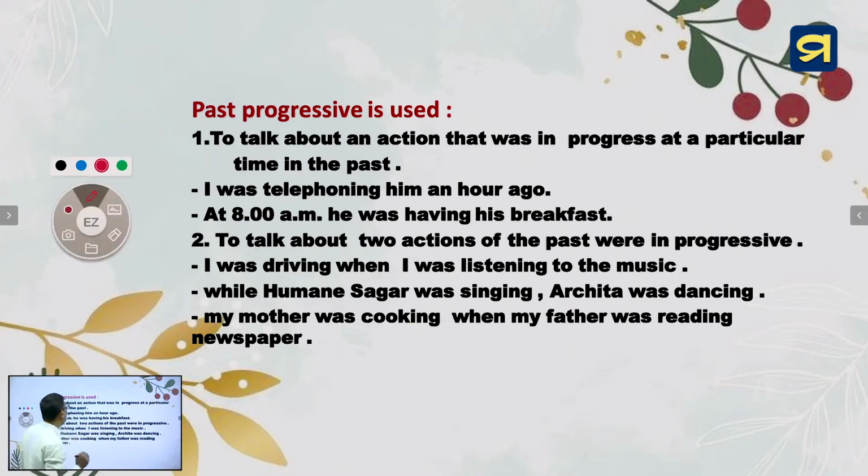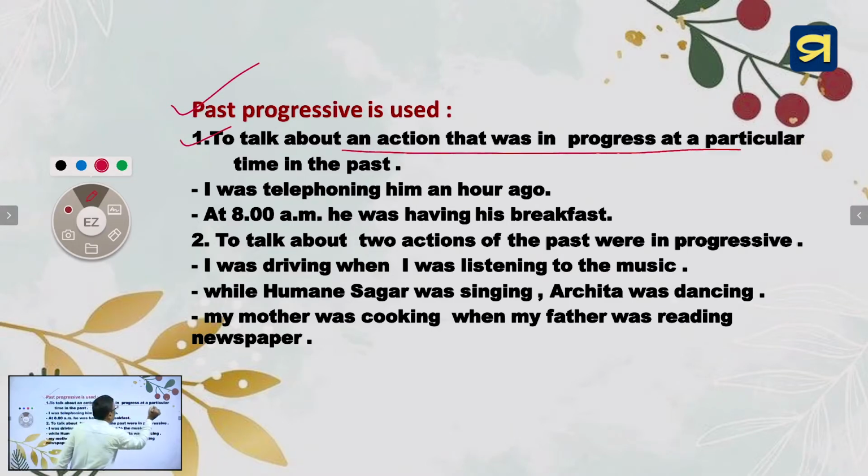We are going to discuss the use of past progressive. First, past progressive is used to talk about an action that was in progress at a particular time in the past.